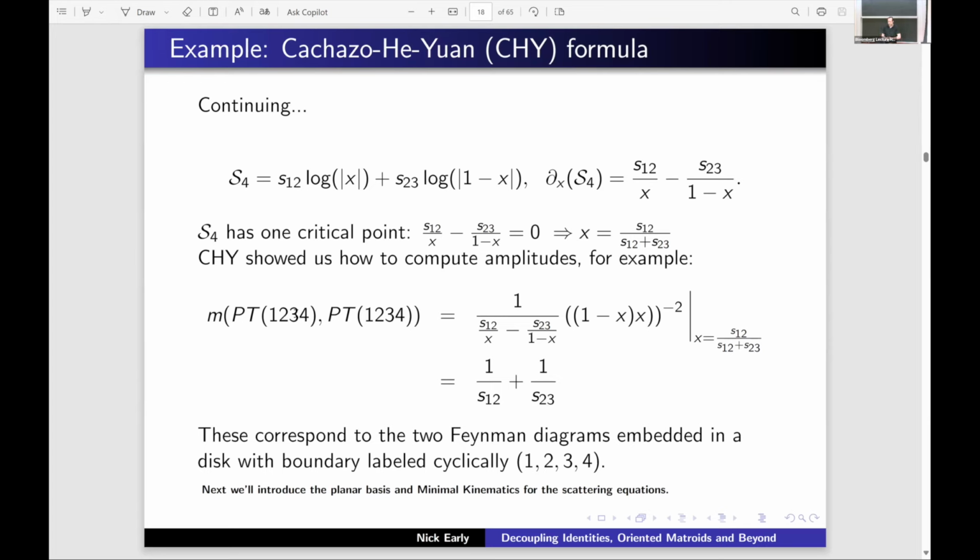It grows quickly, but it turns out that if you set to 0 some of your Mandelstam invariants, we assume that the dimension d is quite large in this case, so that we can do that, then the number of critical points will drop, and we can actually compute it. We can compute amplitudes, restrictions of amplitudes, where some of the Mandelstams are set to 0 for quite large n. Behavior is a little bit different, but we can still gain a lot of insight.